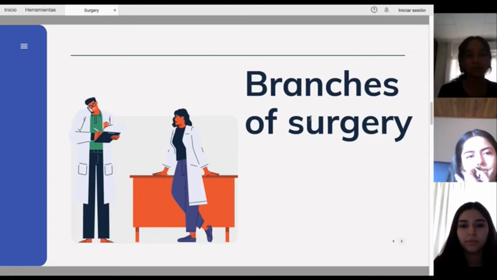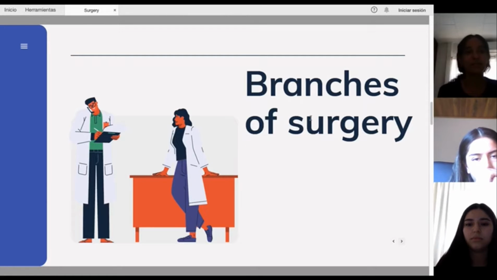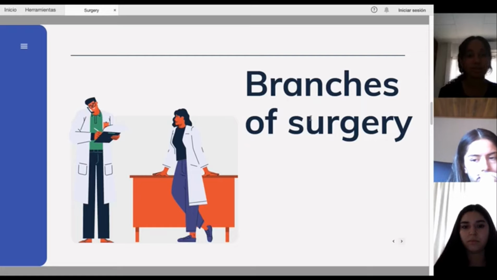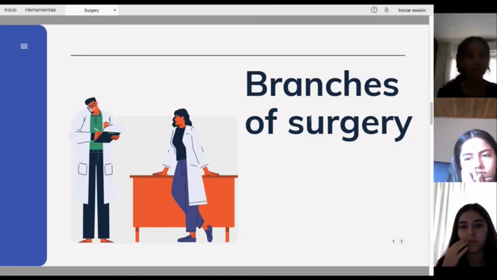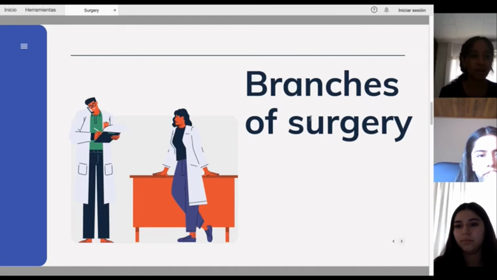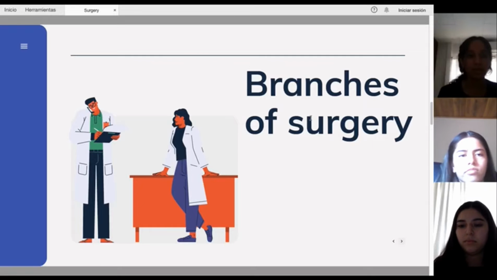General and digestive surgery is a surgical specialty that focuses on abdominal contents, including the esophagus, stomach, small intestine, large intestine, liver, pancreas, gallbladder, appendix, and bile ducts. Oral and maxillofacial surgery involves operations to correct disease, injuries, and defects of the face, jaw, or mouth.